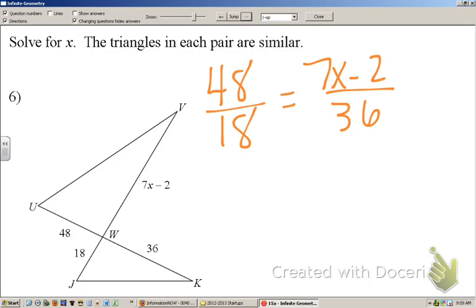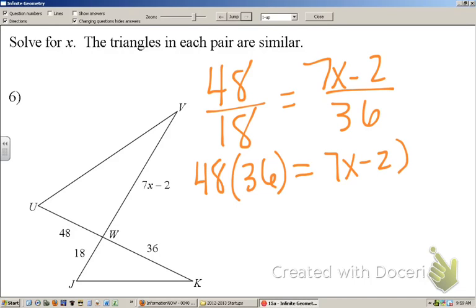So we have our cross products here. So we're going to say 48 times 36 equals 7x minus 2 times 18. So 48 times 36 is 1728.